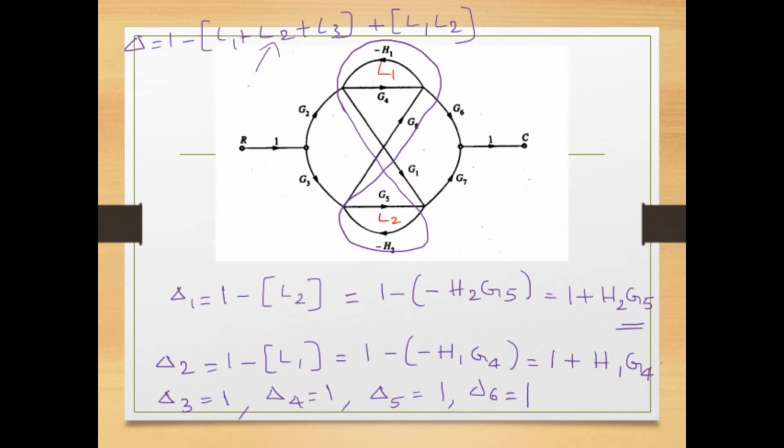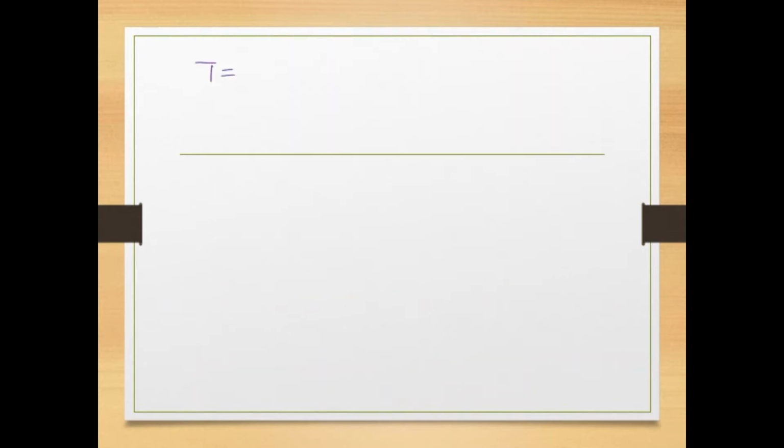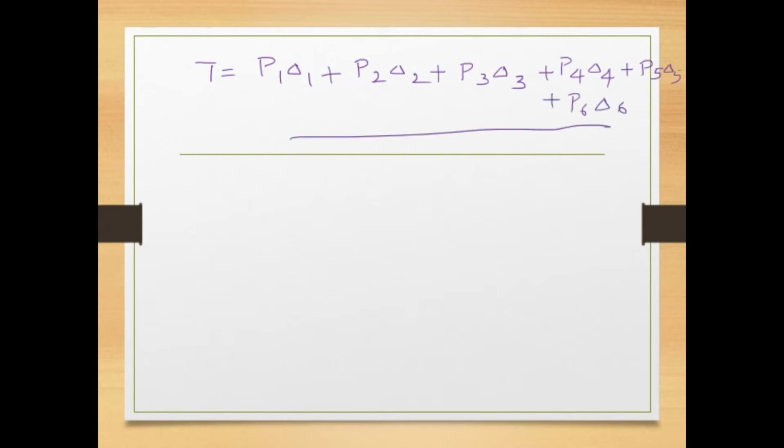So we'll have our transfer function. T is equal to P1 delta 1 plus P2 delta 2 plus P3 delta 3 plus P4 delta 4 plus P5 delta 5 plus P6 delta 6, the whole thing divided by delta. So T is equal to P1, which is G2, G4, G6, into delta 1.